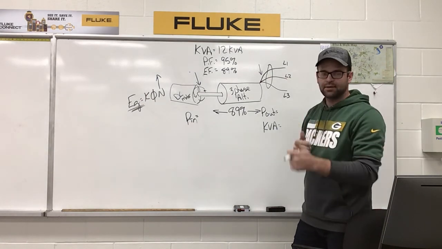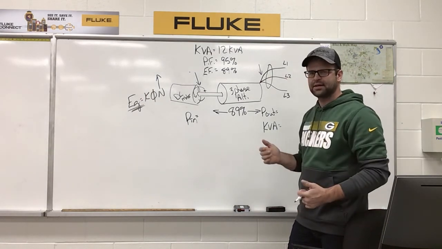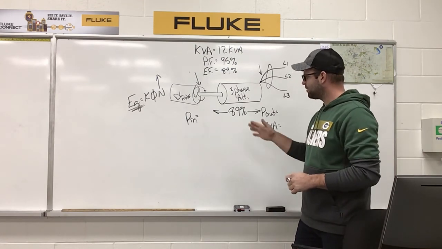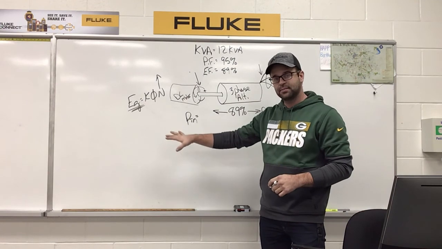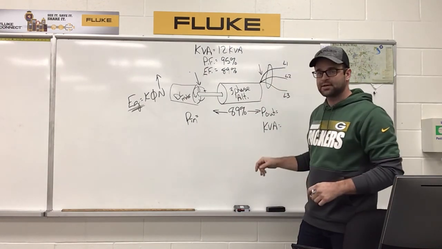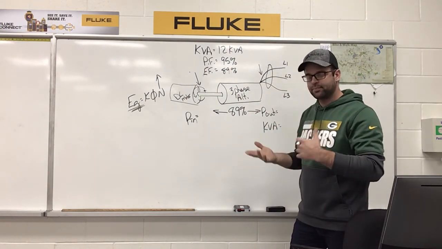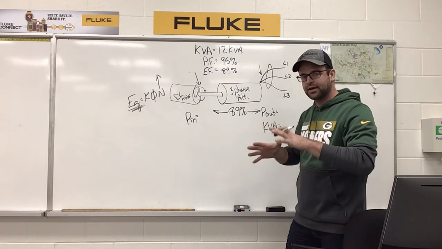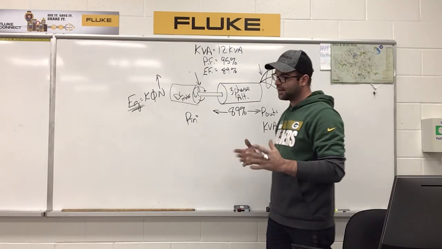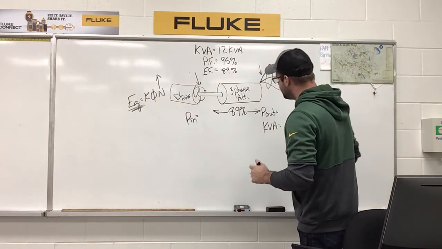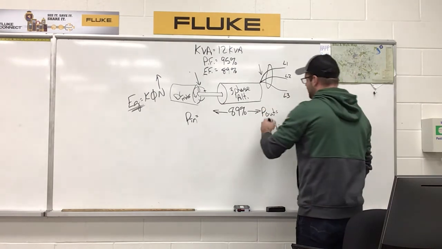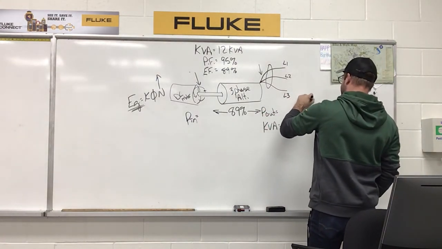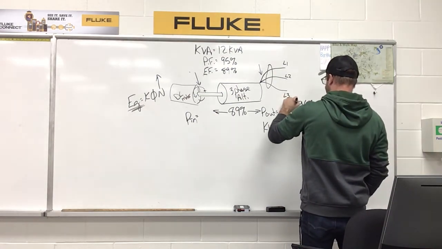So if you accidentally multiplied instead of divided, if you lay it out like this and know that the left-hand side is always going to be the larger value and the right-hand side the smaller value, it's going to help focus your thoughts in your work and help you get the right answer at the end of the day. And then our power factor is going to be seen over here, 95% power factor.